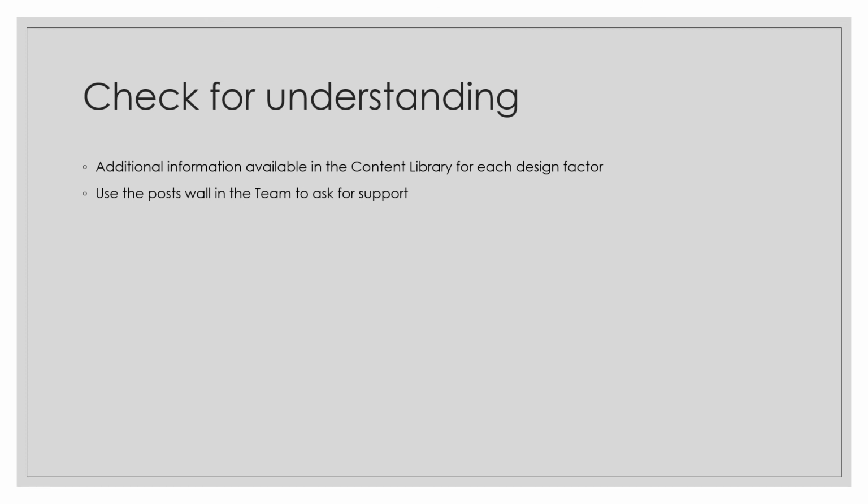So if there's any you still don't quite understand, take some time now to go to the content library and read up on each one that you're not sure about. The other thing you can do if you're not sure is use the posts wall and Teams to ask for some extra examples, and I can pull out some particular ones I think would be really good to explain a design factor to you.